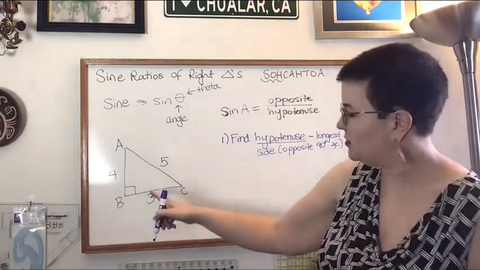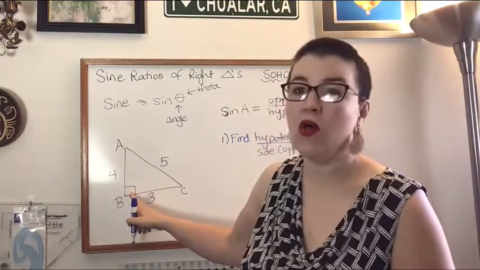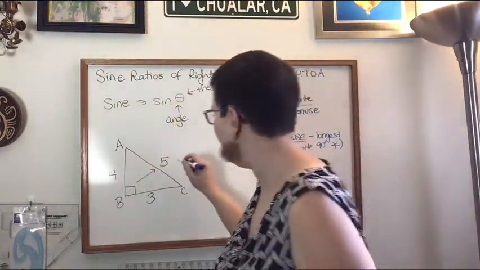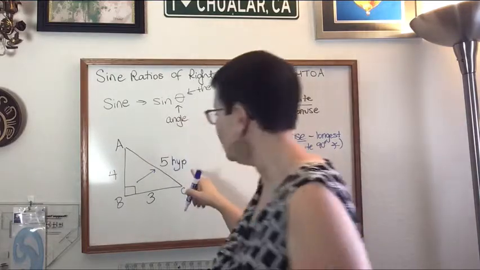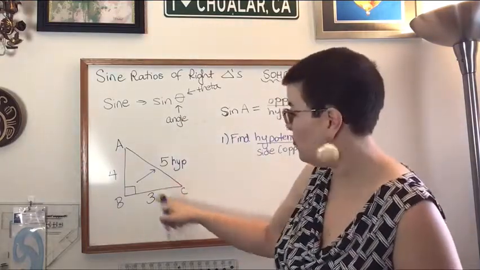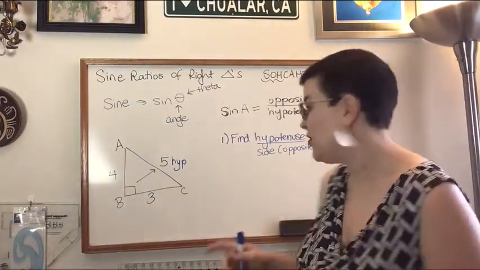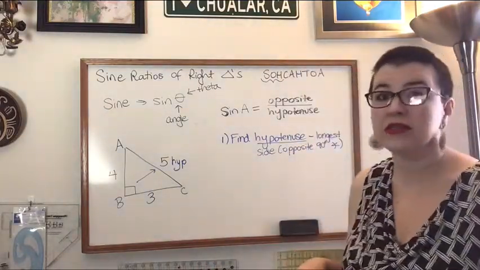When I look in this picture, here's my 90-degree angle. What side is across from it? It's this 5 right here. So this is my hypotenuse. You could also tell because between 3, 4, and 5, 5 is the biggest number, meaning that it's the hypotenuse because the hypotenuse is always the longest side.